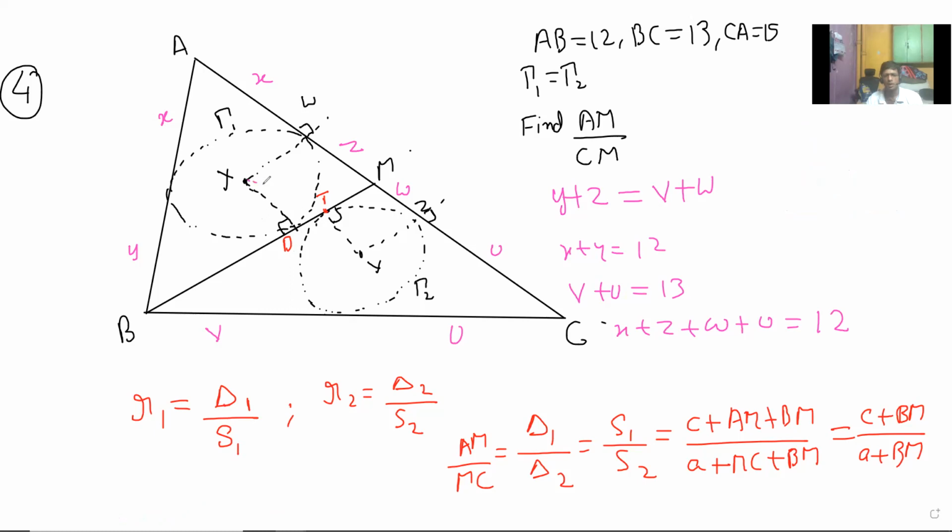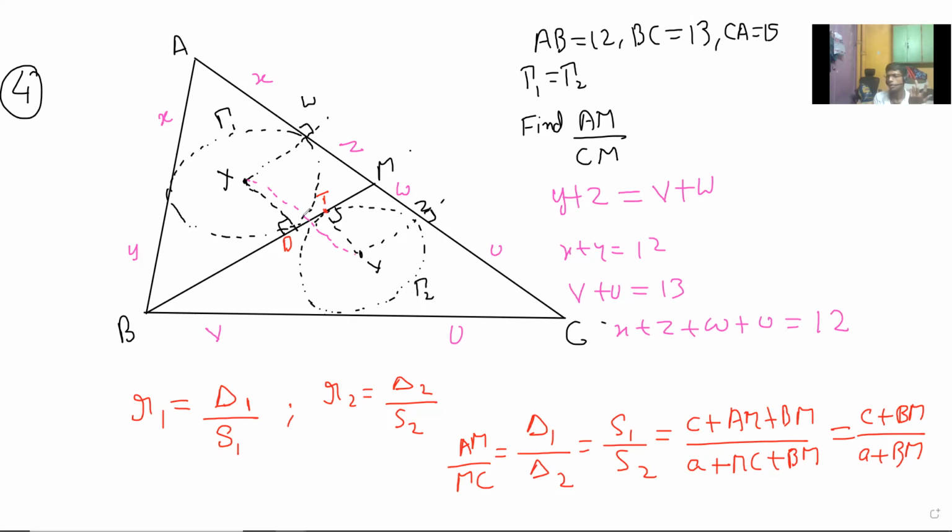Look, let's see. If I draw this line, then the Euler line of both these triangles. So they have two different Euler lines. Coincident?